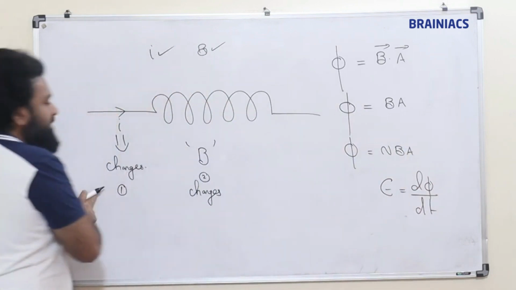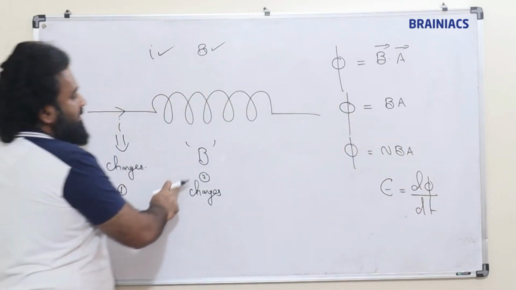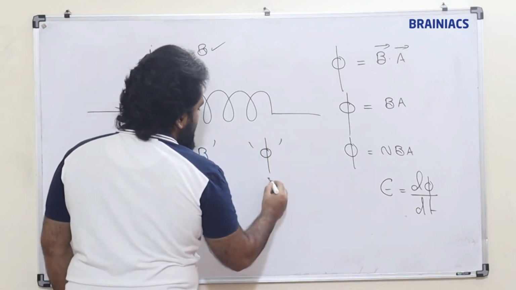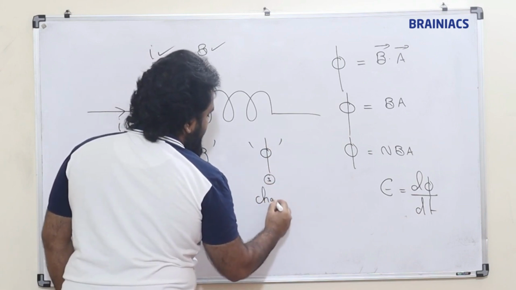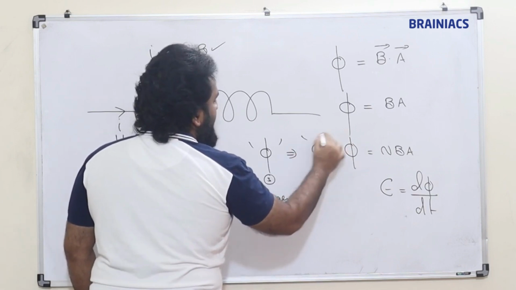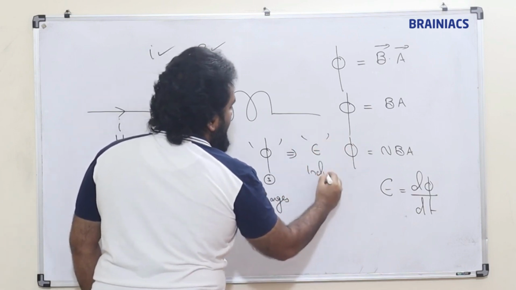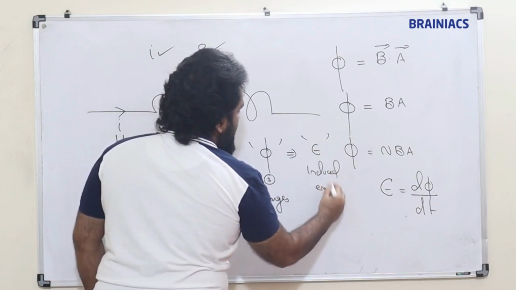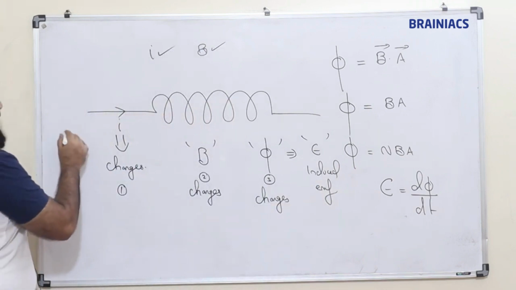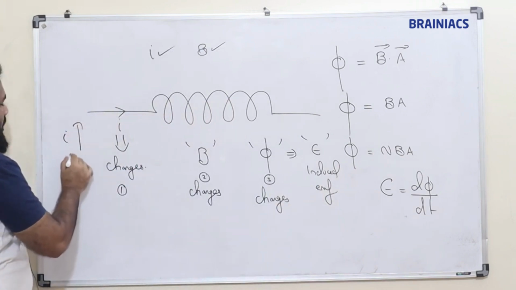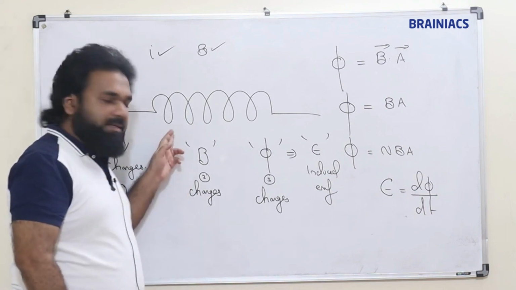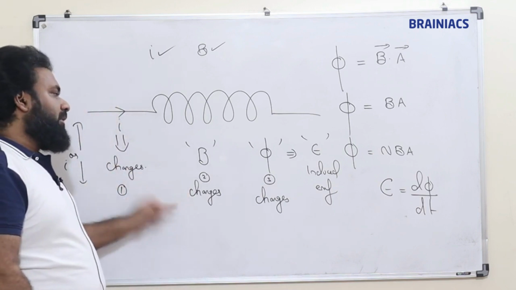So when current changes, magnetic field changes. When magnetic field changes, this flux changes. When flux changes, it will lead to induced EMF. So when current increases or decreases, magnetic field increases or decreases.